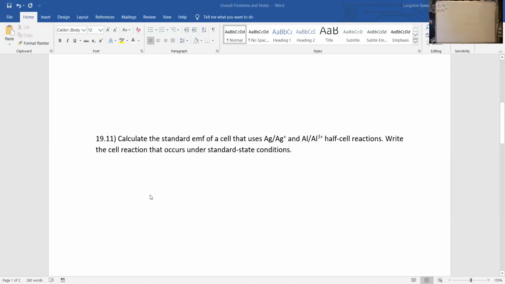I didn't write down the reduction potentials for those. And the problem is we don't know what the reaction is. Or you have to, I mean, you could figure out what it's supposed to be.